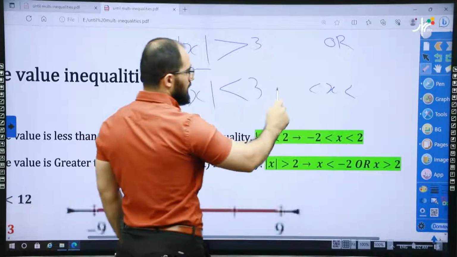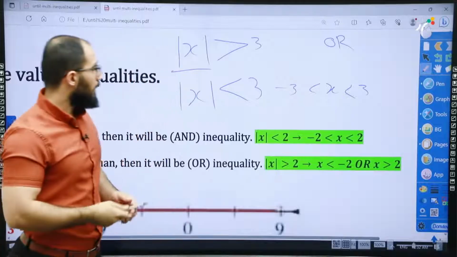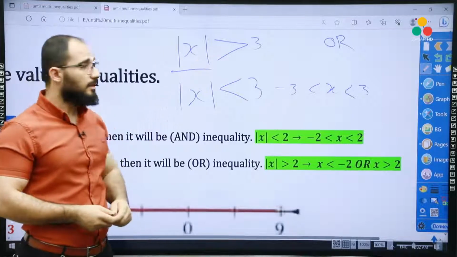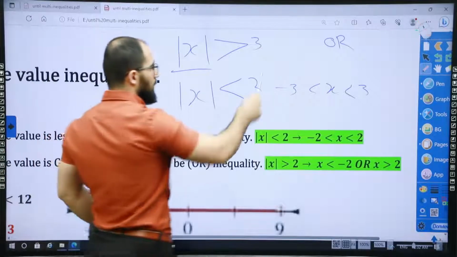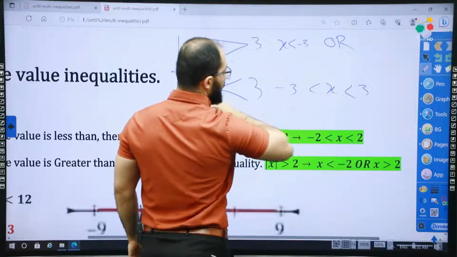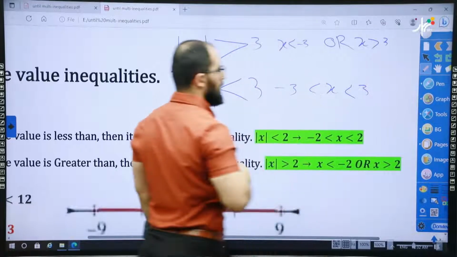It's going to be negative 3 and 3. Again, if the absolute value is greater than the number, it means we have an or inequality: x less than negative 3, x greater than positive 3.